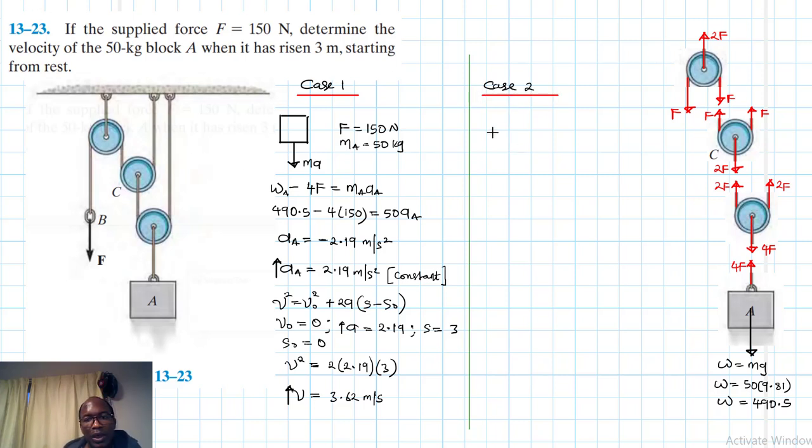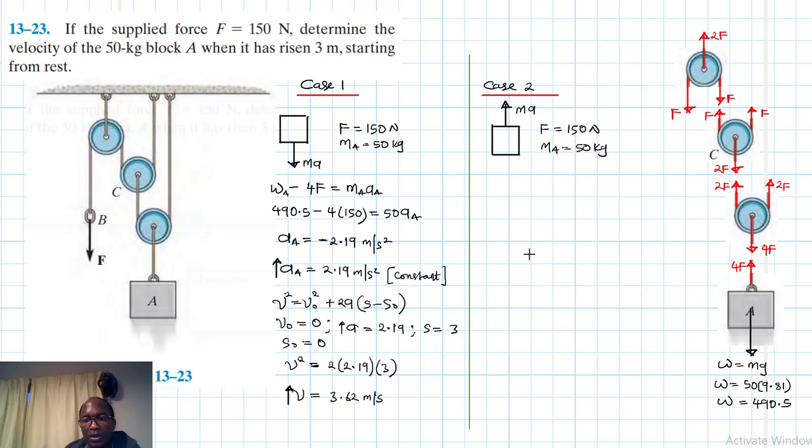Let's say we have this system, and we assume this is going up. Okay, it's going up. This is the same problem, and this is our MA. Everything else remains the same. We have F equal to 150, and we have mA equal to 50 kg.